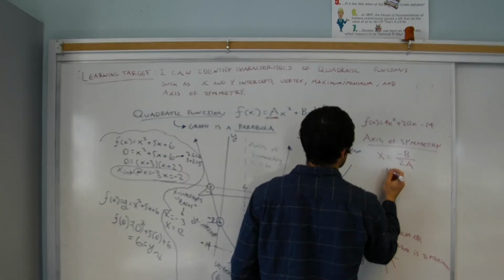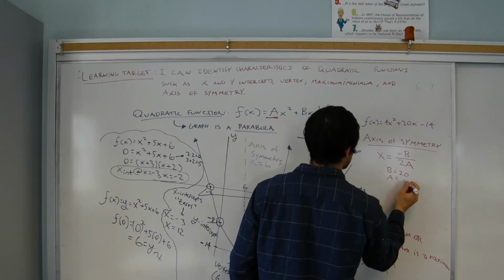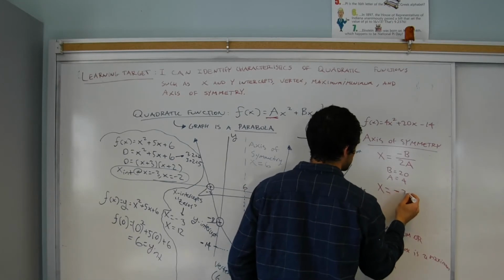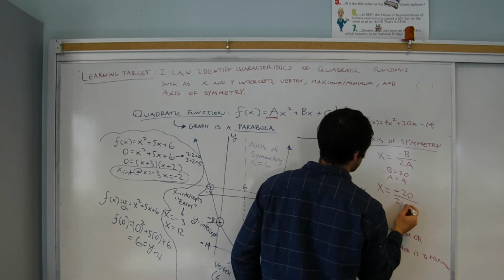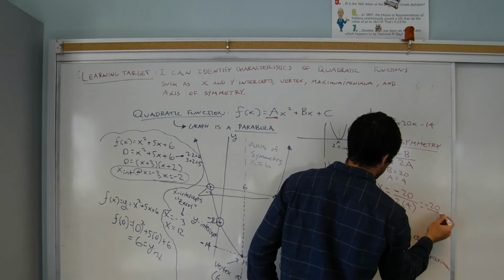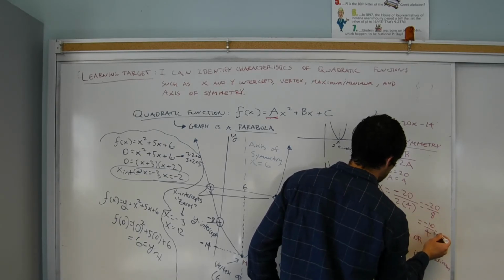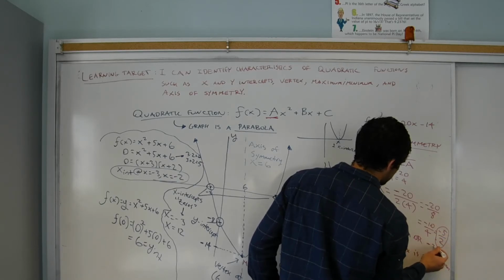So in this case, b is equal to positive 20, a is equal to 4. So our axis of symmetry is going to be equal to negative 20 divided by 2 times 4. So that's going to be equal to negative 20 over 8, which is equal to negative 10 over 4, equal to negative 5 halves, or negative 2.5.